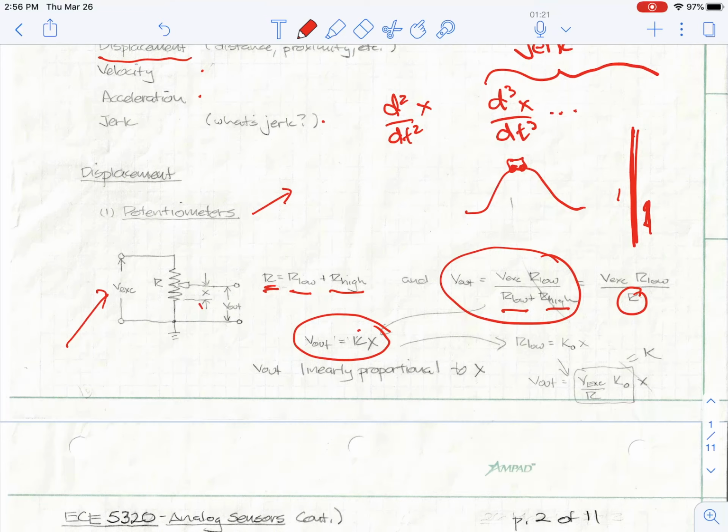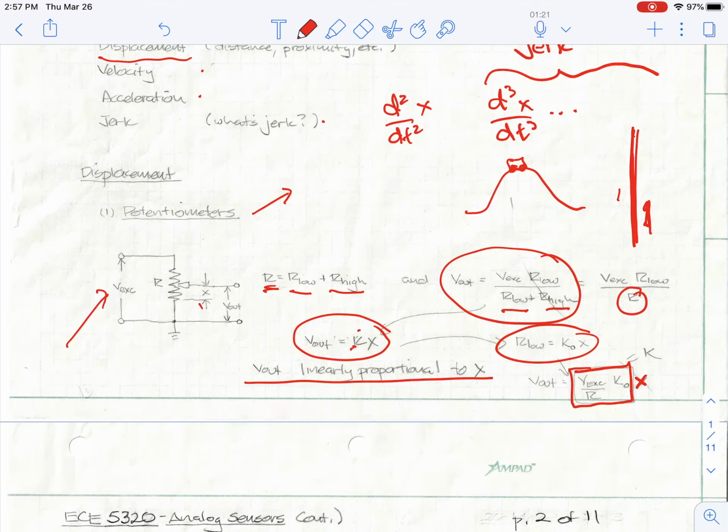If it's a rotating pot, you can buy slide pots that will be linear. And I get R low is equal to some K0 times X. I can substitute that in, and I end up with a proportionality constant times X, so I get it into the form that I wanted. That says that V out is linearly proportional to X.